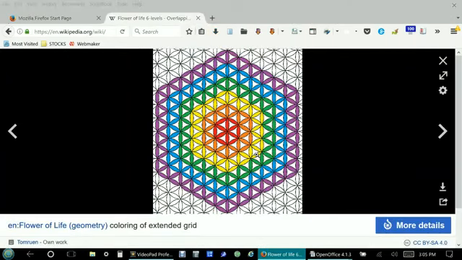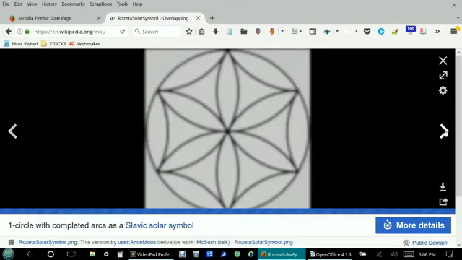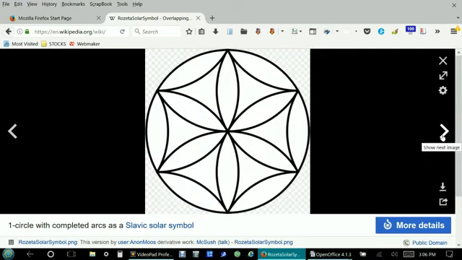So the flower of life was a very important universal symbol used by the ancients in most of their sacred spaces, palaces. And here's the geometric flower of life as seen in modern geometry. Here it is in a Slavic solar symbol.